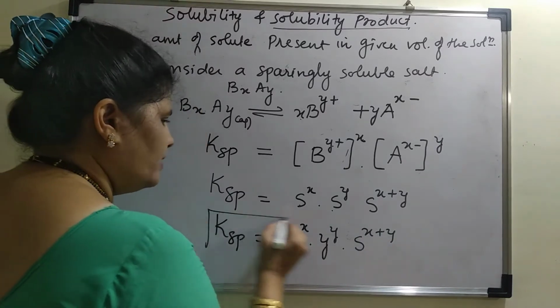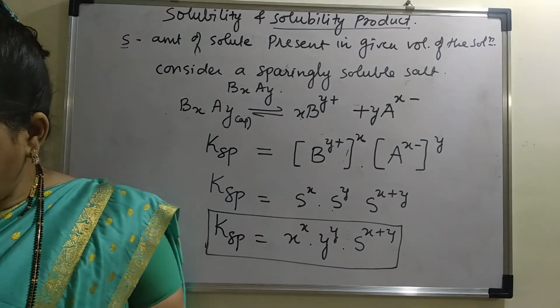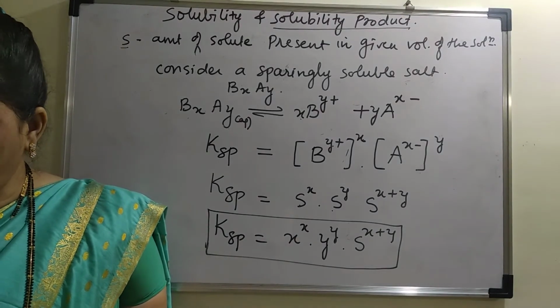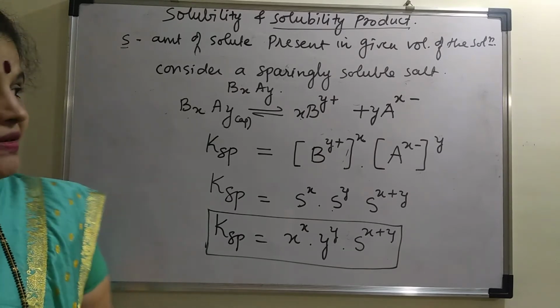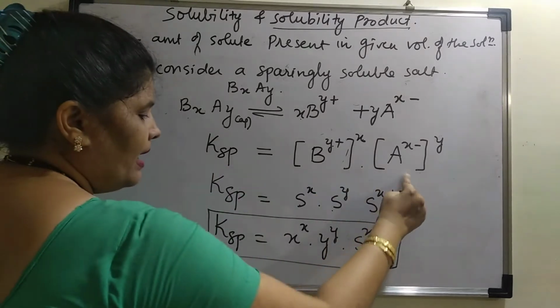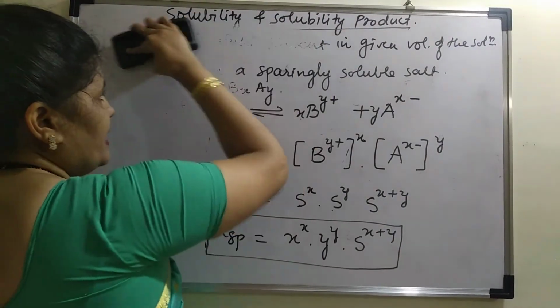So this is the relationship between solubility product and solubility. Let us take some examples and understand this concept better. We will see how to write this expression and what the calculation will be also.